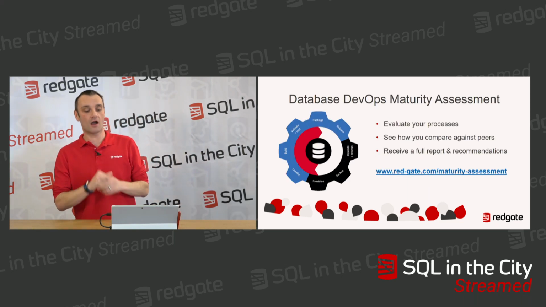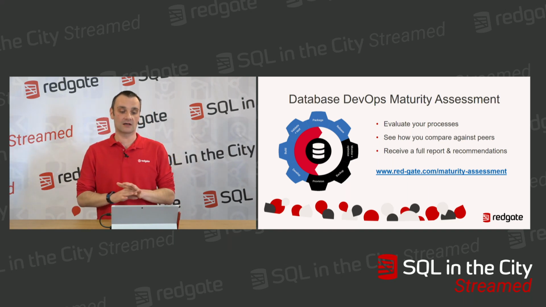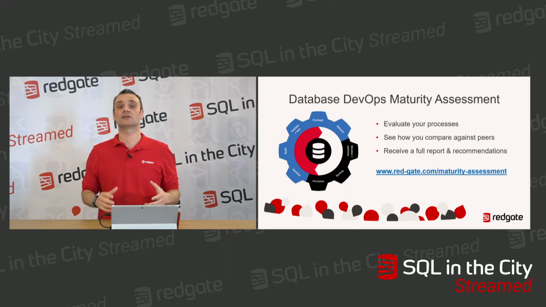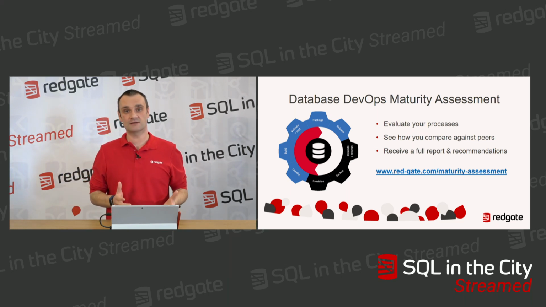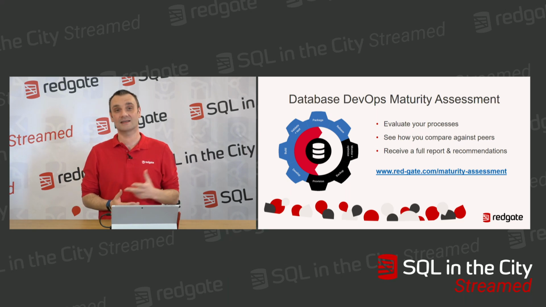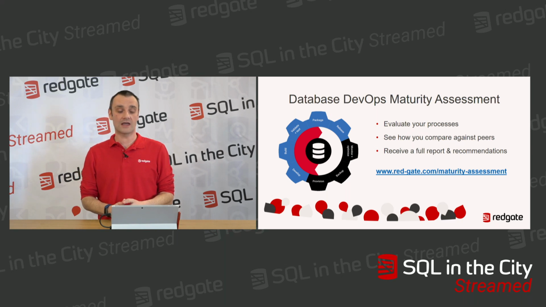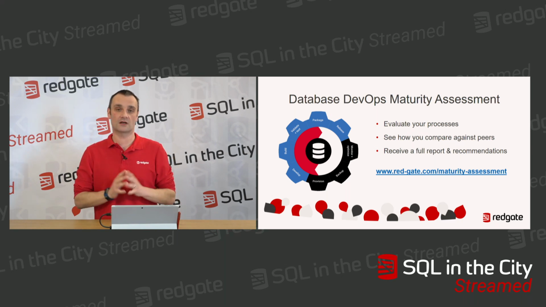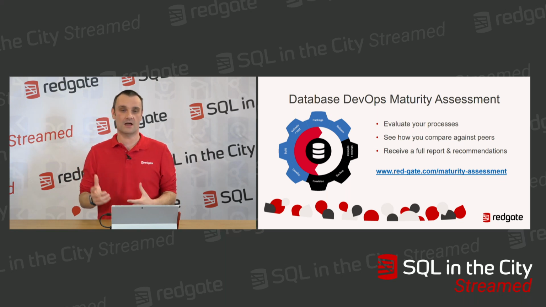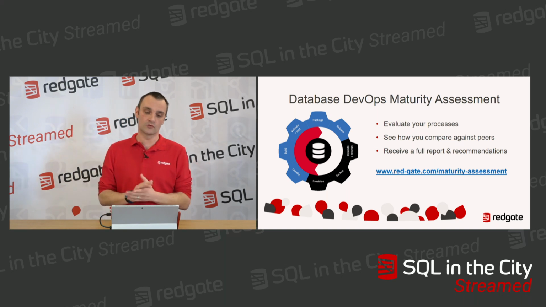What I would encourage you to do, if you haven't done so already, is really to take a look at our Database DevOps Maturity Assessment. So through the process of conducting this research that I spoke about that produced the 2018 and 2017 State of Database DevOps report, we engaged with hundreds of different customers of ours that have all sorts of different setups, all sorts of different problems from all sorts of different industries, large companies, small companies.